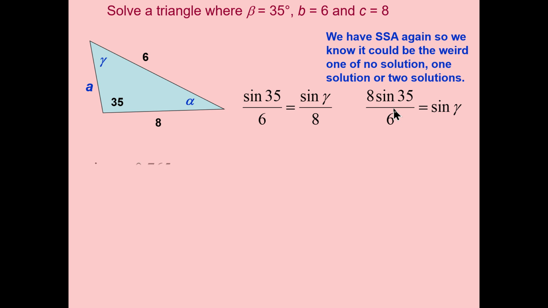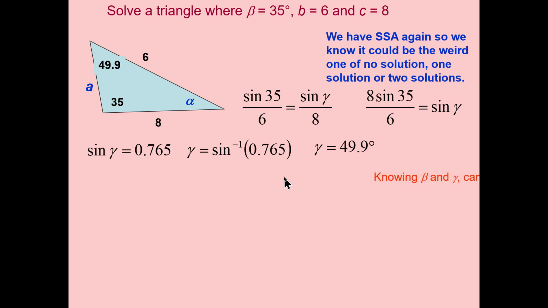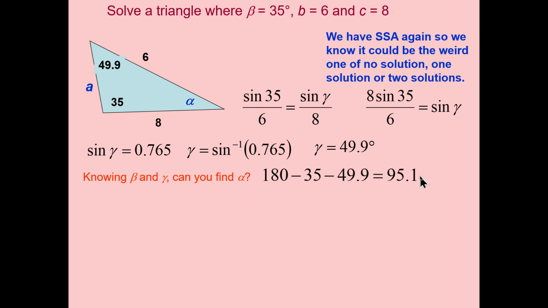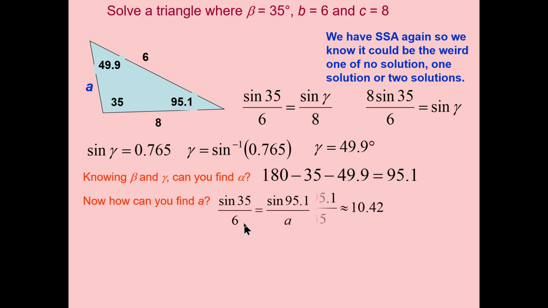Take the sine inverse, and it gives us 49.9 degrees. So that would go there. Can you find alpha? You have two angles, so you can subtract off and find the third angle. Can you find A? You can use the law of sines again. Cross multiply and divide, and there's our A, which is 10.